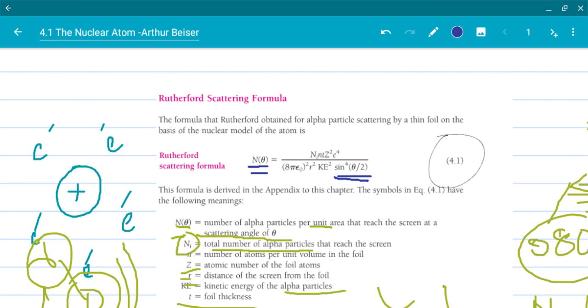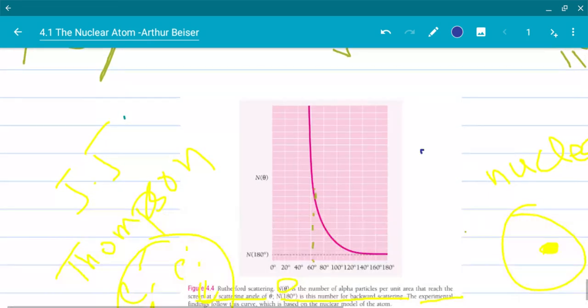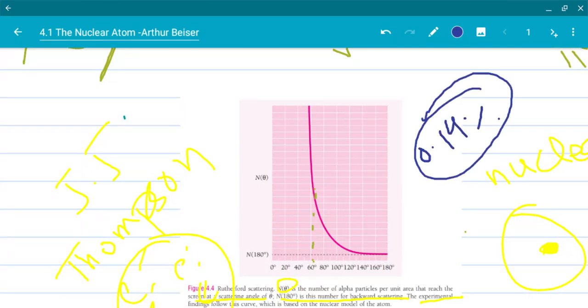Now the variation of N theta with theta is very pronounced, okay? This is what it means. According to the graph, in fact, only 0.14% of the incident alpha particles are scattered by more than 1 degree, which means most of them were able to pass straight through and reach the end of the screen.